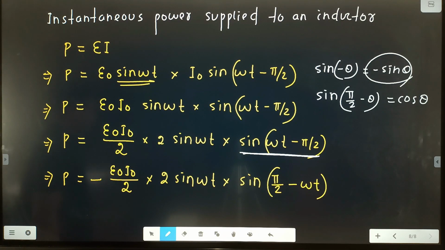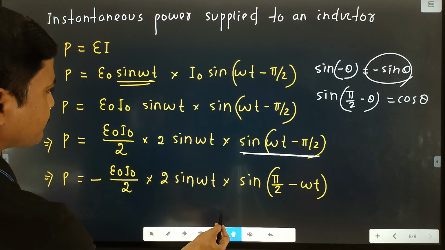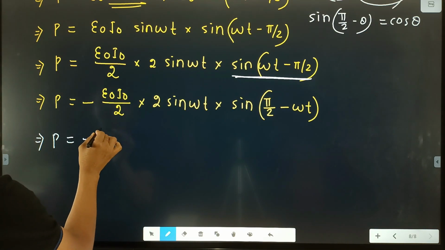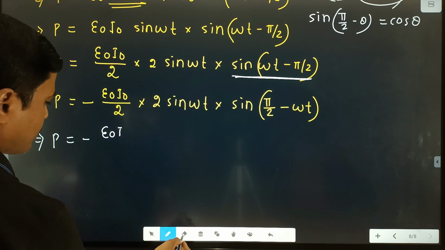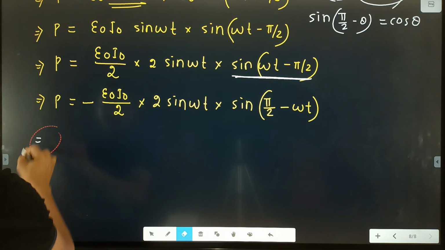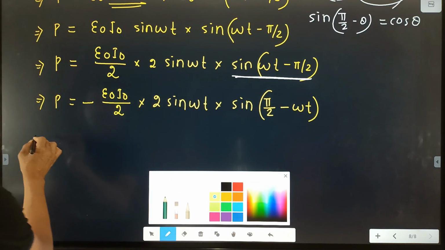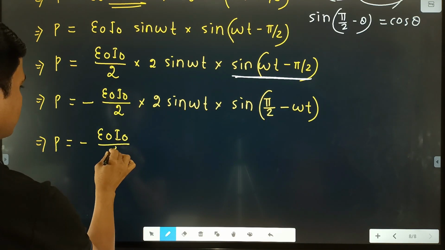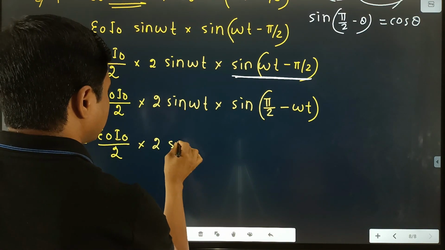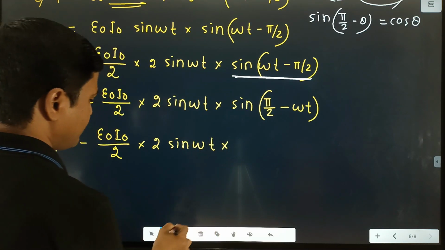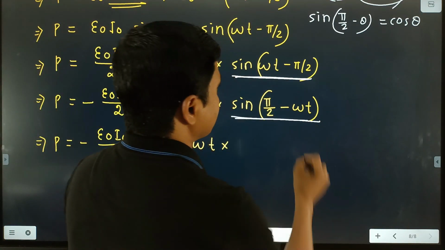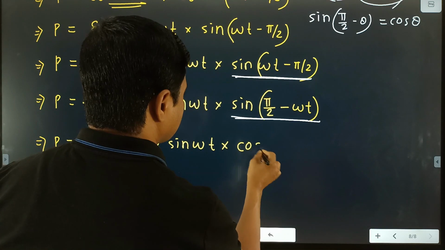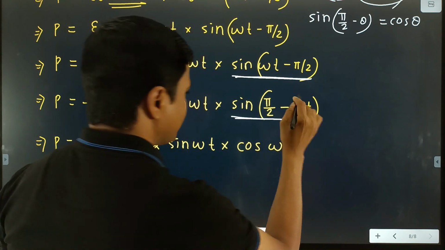So P equals minus E0 I0 divided by 2 into twice sin omega t multiplied by cos omega t. Then we put in another trigonometric identity: twice sin theta cos theta is sin 2 theta, with theta as omega t.